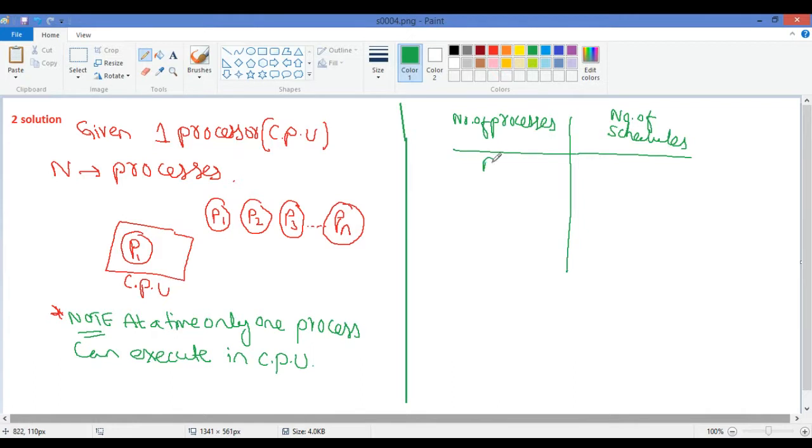Suppose you have only one process P1. You can arrange them in only one order. Suppose you have two processes P1 and P2.